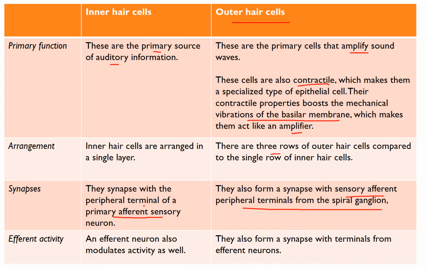So very similar arrangement there. Efferent activity is also similar but with different purposes. An efferent neuron can synapse upon the inner hair cell and modulate its activity up and down. And the same thing with the outer hair cells. An efferent neuron can synapse with the terminals on the outer hair cells to change its properties, and we're going to talk about that next.